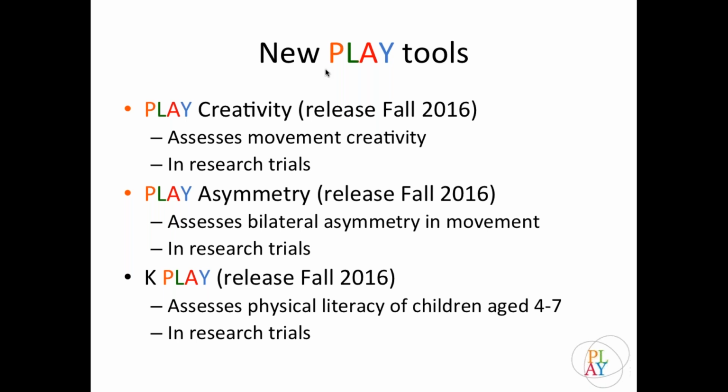Concurrent validity is a weird one, because since there are no physical literacy assessment tools, what do you compare this to? We compared this to the Test of Gross Motor Development, which is a tool to identify disability in children, not ability. And in grades 4 and 5, where the development is ongoing, the concurrent validity of the Play Fun tool is about 0.82, which is very good concurrent validity.